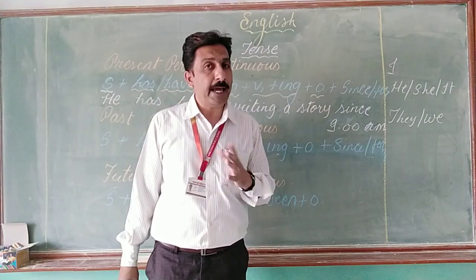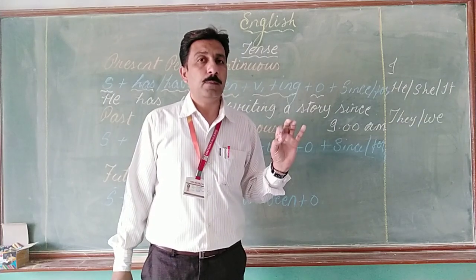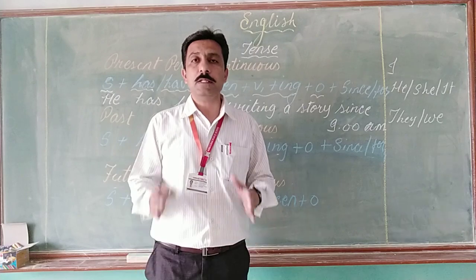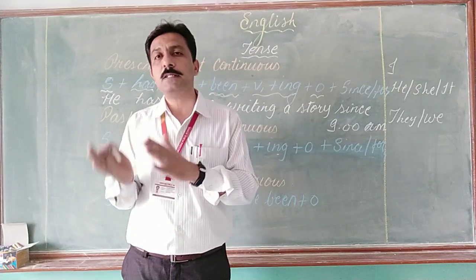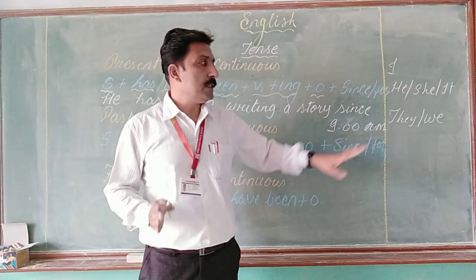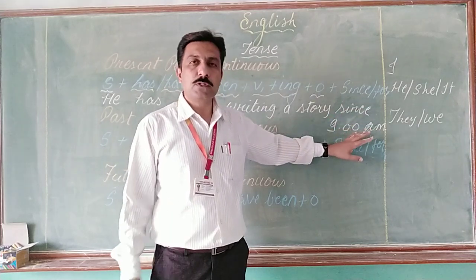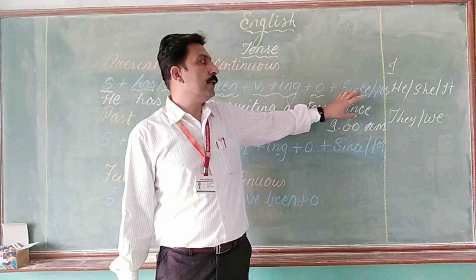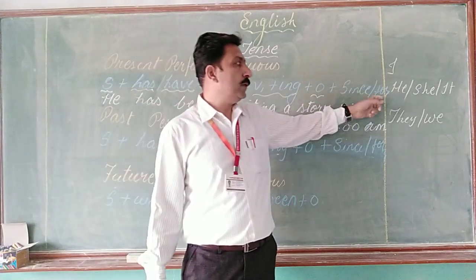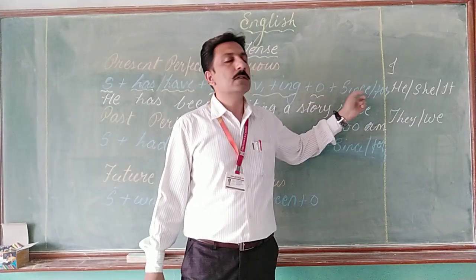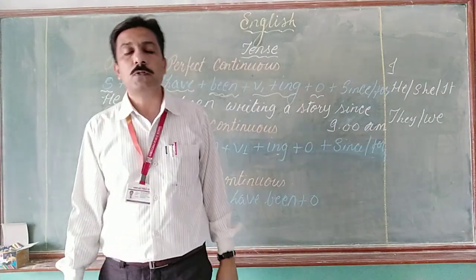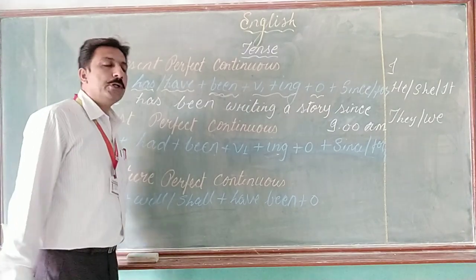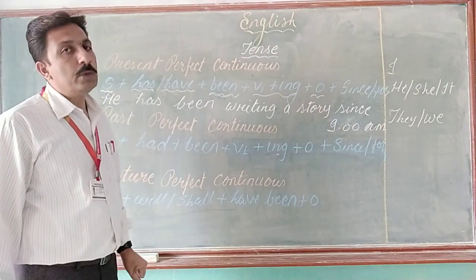We don't know the exact point. So for that we use for. This is the basic difference between since and for. Now this will remain the same in past perfect continuous also. Sometimes students get confused and make mistakes in using these two words since or for. So keep in mind that since is for point of time and for is for duration.